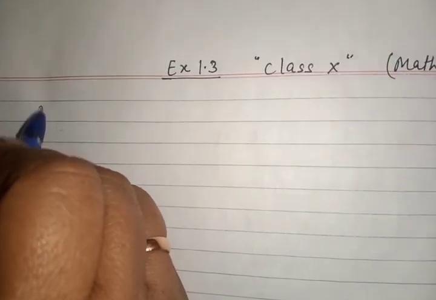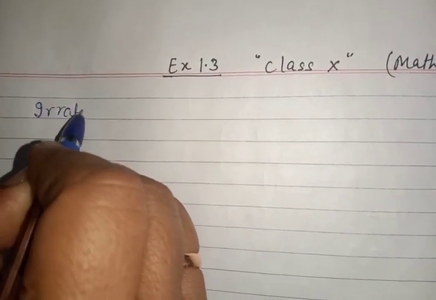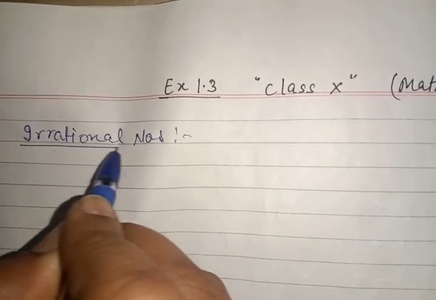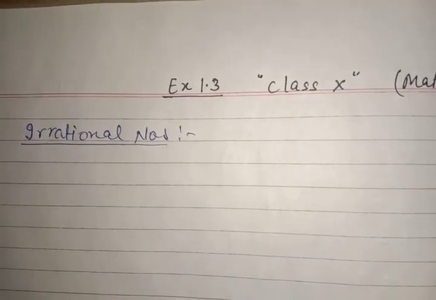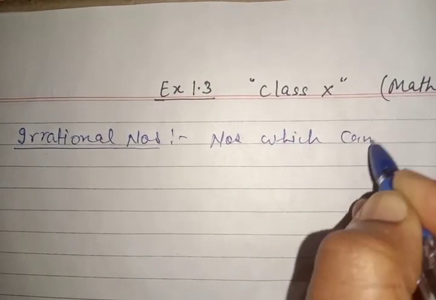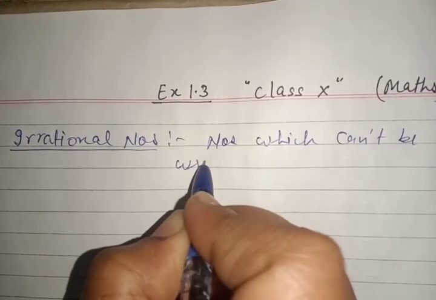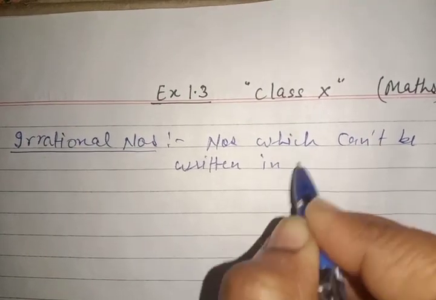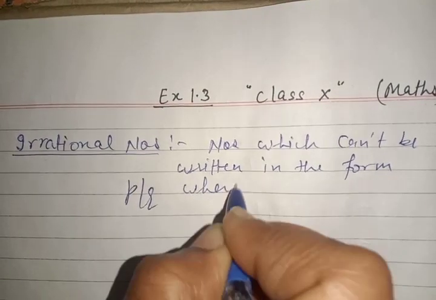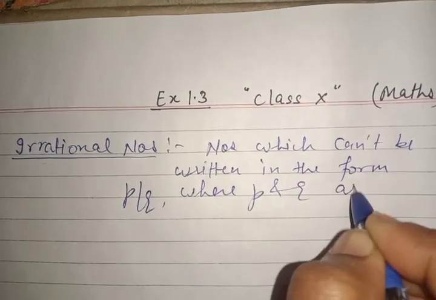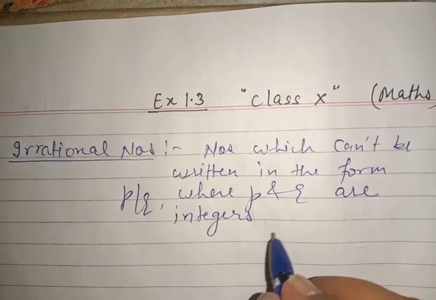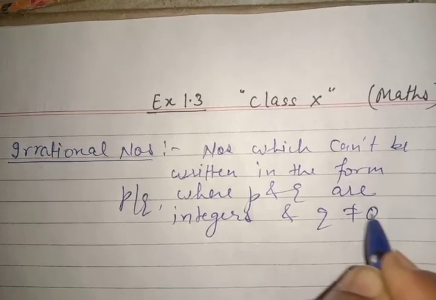Irrational numbers, if you remember, you have done in your 9th class also: the numbers which cannot be written in the form of P over Q, where P and Q are integers and Q is not equal to 0.